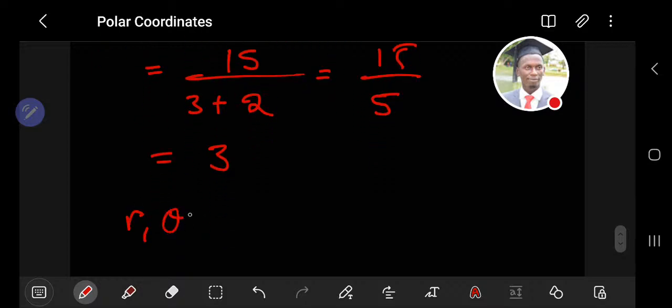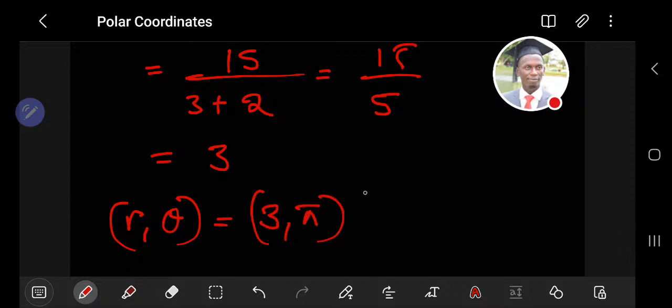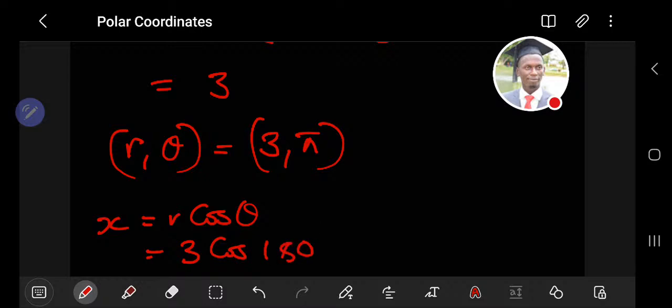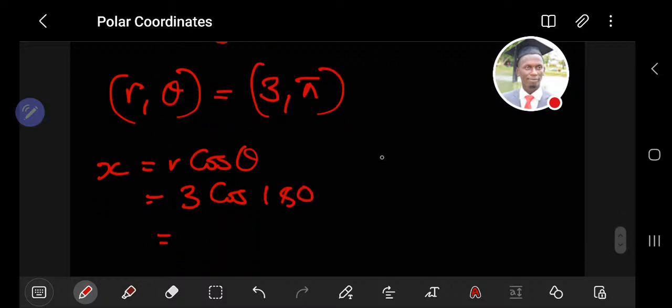So in terms of r comma theta, this is going to be 3 comma 180, or comma pi. Now we want this in Cartesian coordinates. In Cartesian coordinates, x is r cos theta again, so r is 3, then cos 180, which is negative, so you end up getting -3.